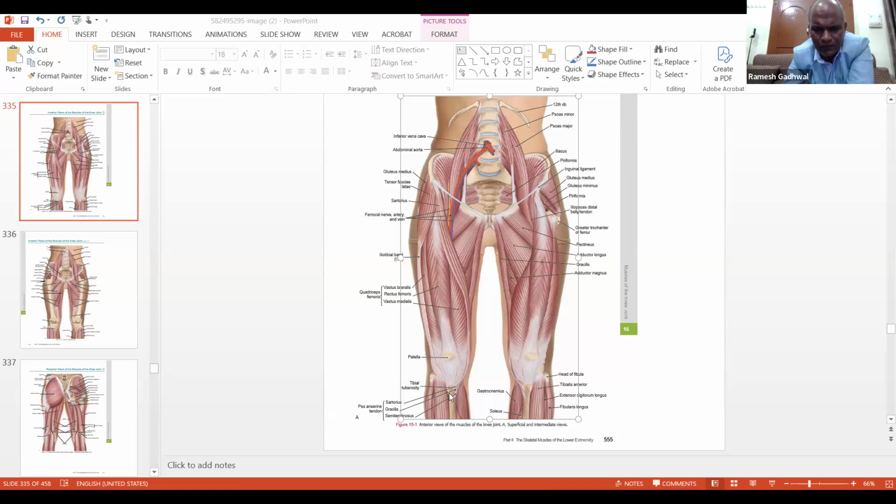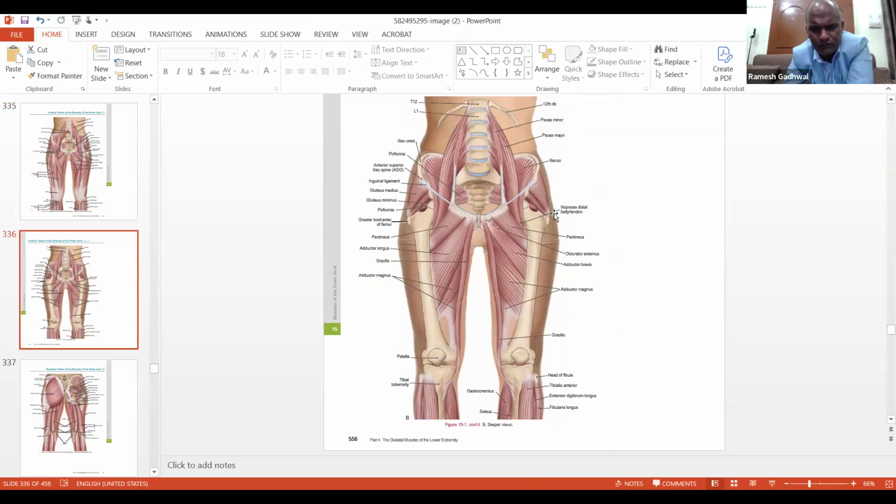That is called fibularis. On the next picture, here you see how they are joining with the two joints. Here is the first joint of the femur bone and this is the second.